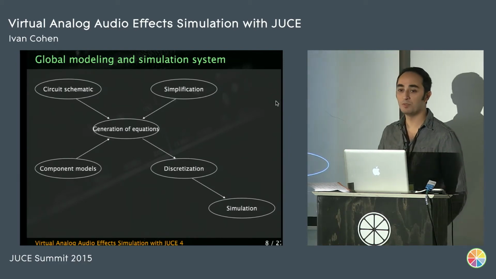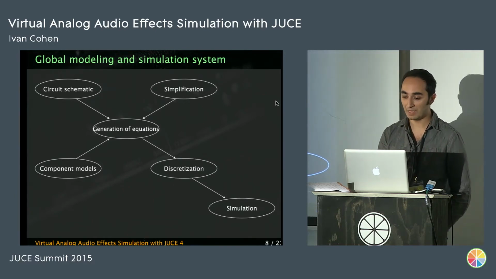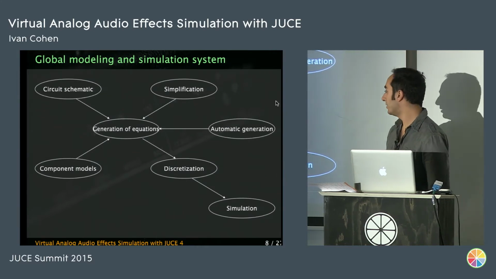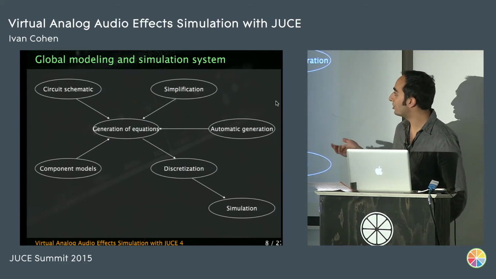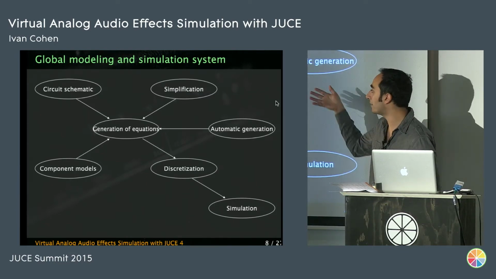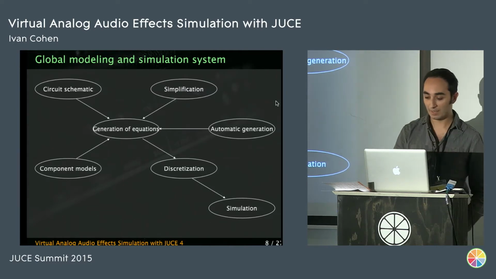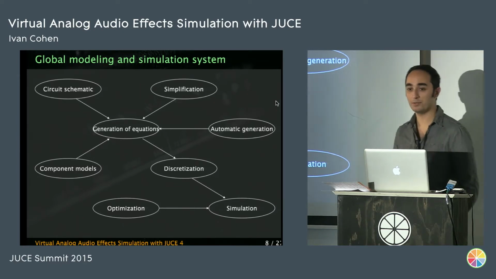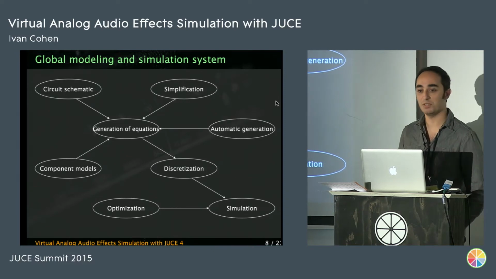So you can just remove a few components from the schematic and get something simpler to simulate. And that's where this thing is going to be very helpful. You can use some software to do an automatic generation of the equations from the circuit schematic. You just enter the netlist of the schematic, and then you can get all the code or the equations to do all of that. And at the end, you try to do some optimization everywhere to improve the realism of your simulation and reduce the CPU load.